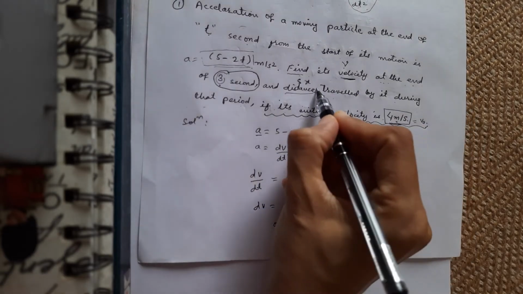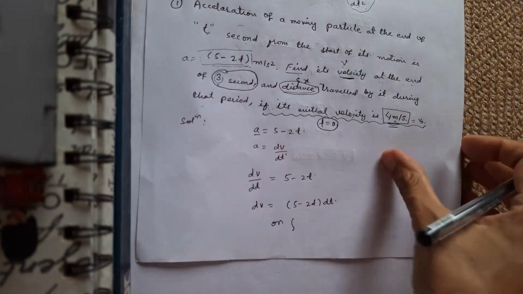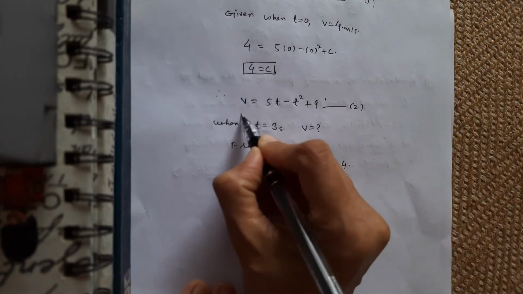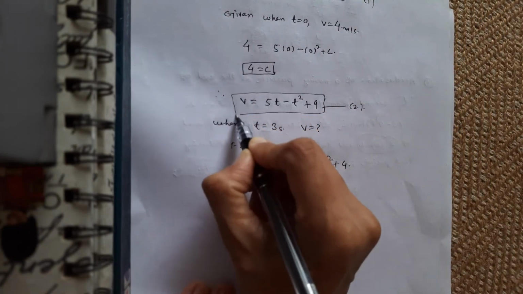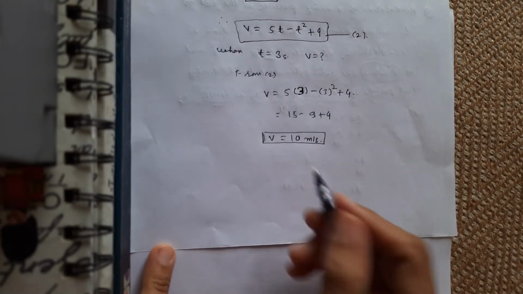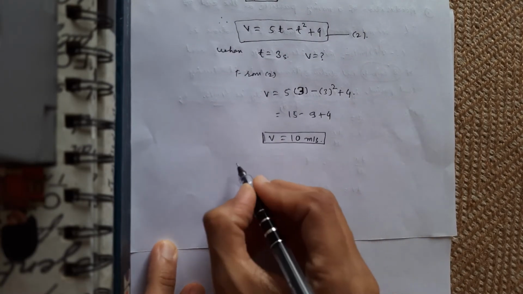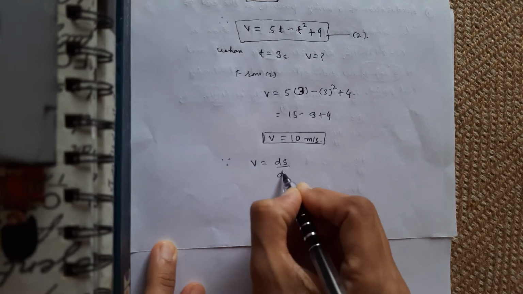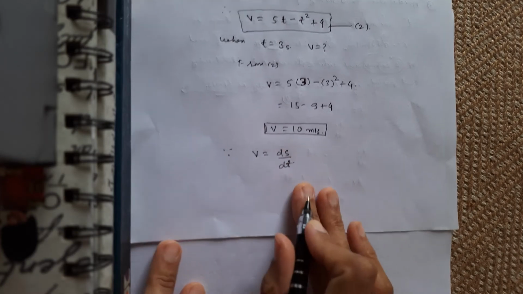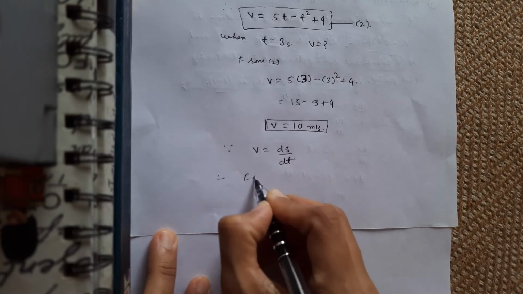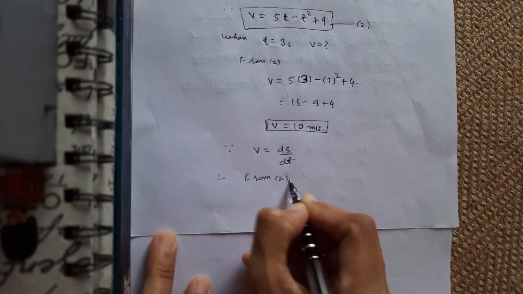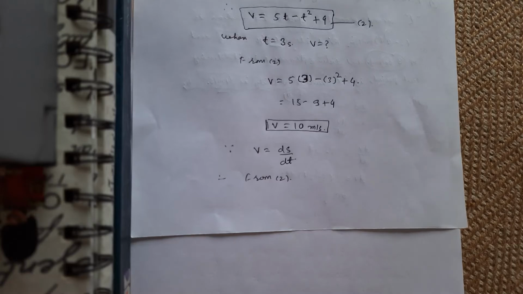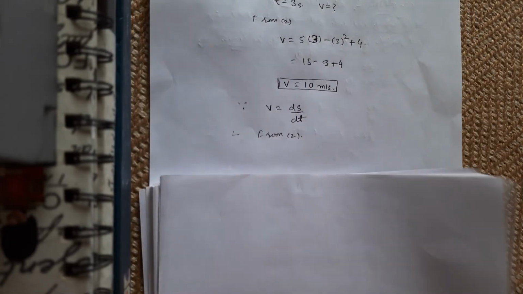Now second, they also want us to find out the distance. Okay. So from equation 2, I can easily find out the distance. Just observe what I am doing here: since v is nothing but ds upon dt, distance upon time, therefore from 2, I'll just write it on a new page so it will be easy for me.